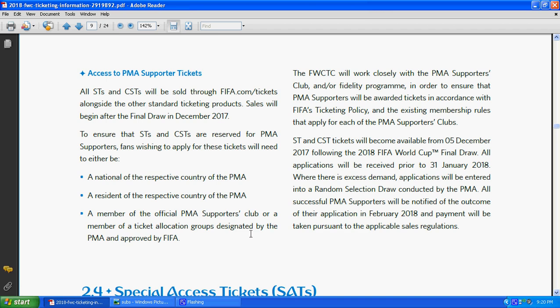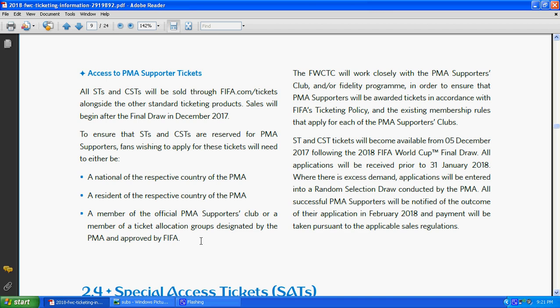So what it says is that, suppose India someday qualifies for the FIFA World Cup. If I want to buy team specific tickets, what are the conditions? Either I have to be a resident. I may be a citizen of a different country, but I may have a resident permit for India, let's say. Then I can apply for it. If I am a national, like most of the subscribers are from India, so you all are, I am hoping, Indian citizens, and you can apply for the team specific tickets.